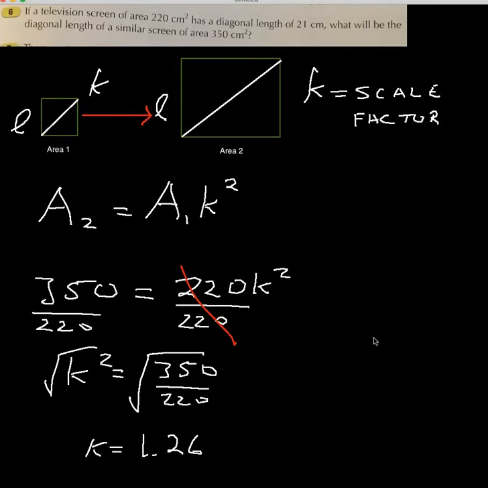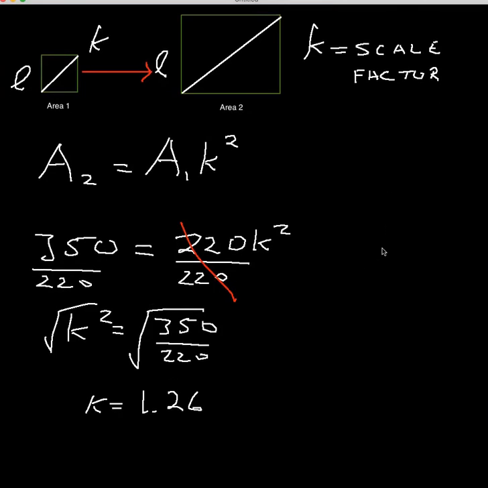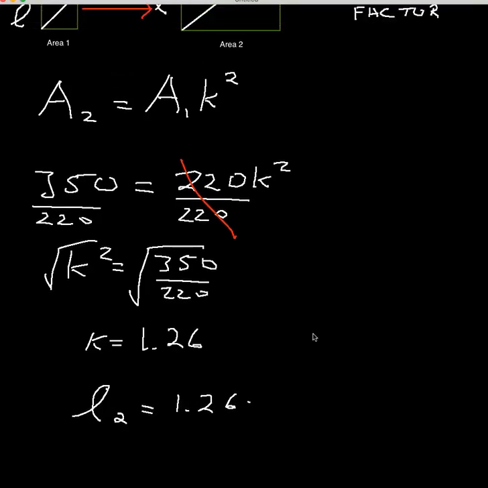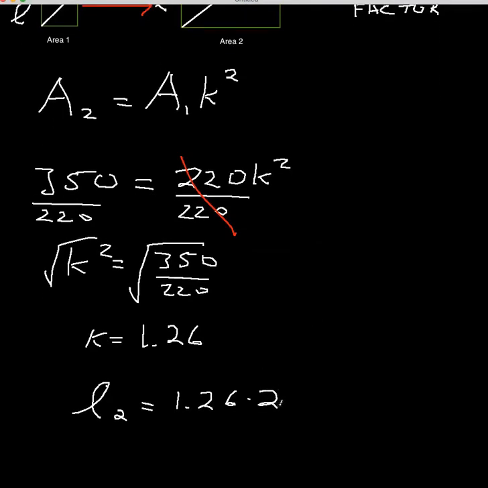So if we go back up to the top, it says the smaller television screen has a diagonal of 21 centimeters. So that means the bigger one should be, let's call this L2. For the second television, it should be our scale factor times, how much was it again, 21 centimeters.